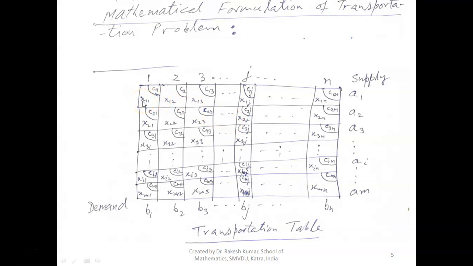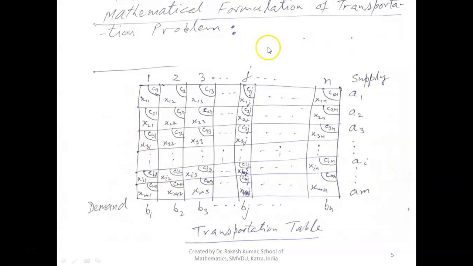Suppose I have to interpret the Xij. So, Xij denotes the amount of material transported from ith supply center to jth demand center. So this is material transported, Xij values.